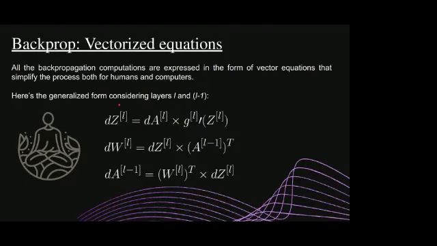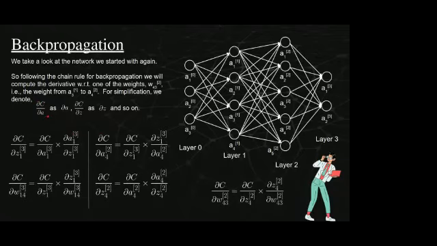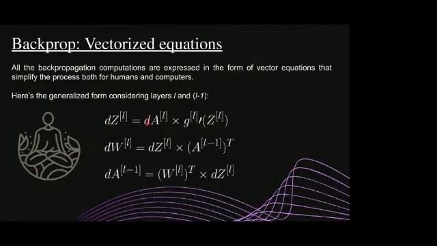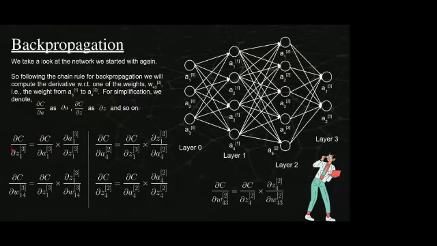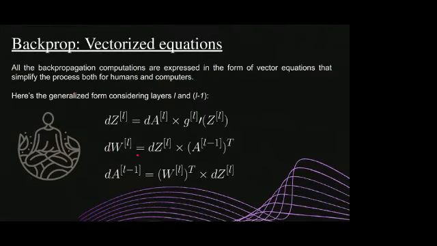This is quite a concise form of all that we went through. So here we have dA. We just denote dou C by dou A as dA and dou C by dou Z as dZ, and so on. So dZ equals dA times G prime of Z, just right here. dW is dZ multiplied by the input vector of the previous layer that's coming.